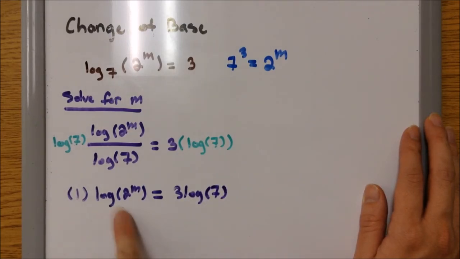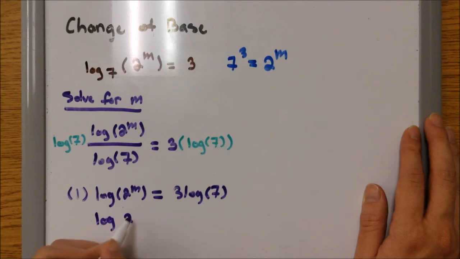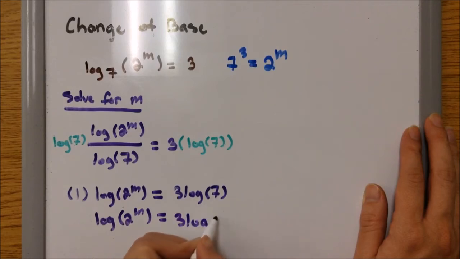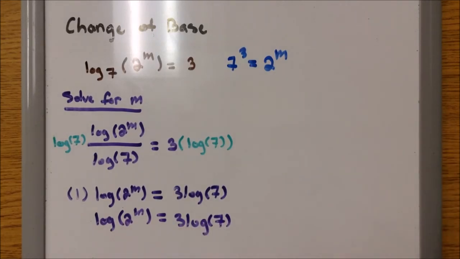And then 1 times log of 2 to the m will be just log of 2 to the m equals 3 log of 7. Alright, so now we have log of 2 to the m by itself.